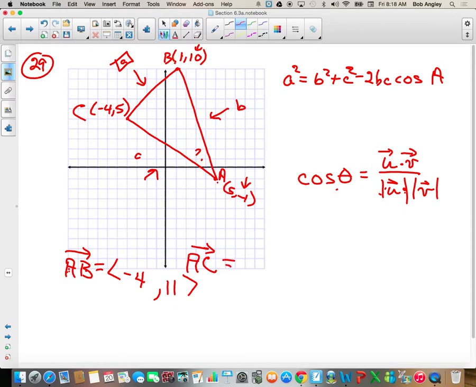Now we need to do AC. Since the C is the one that's at the tip, we've got to go -4 minus 5, and then 5 minus -1, like that. So what we have here then are two vectors.